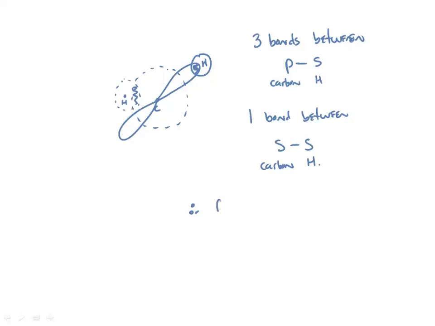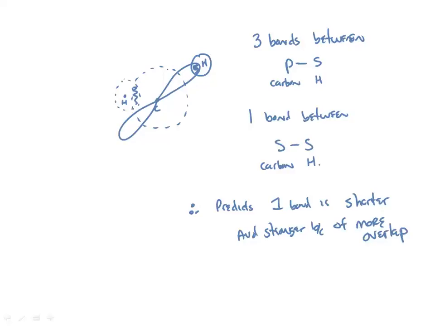Therefore, it predicts that 1 bond is shorter and stronger because of more overlap. The trouble is that in real life, or basically experiments, all 4 bonds are the same.